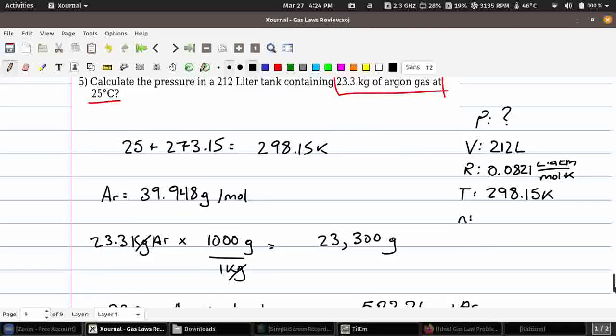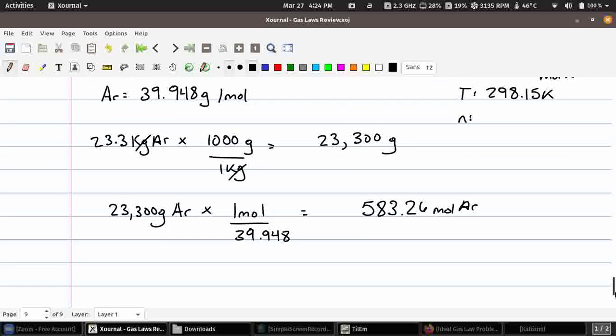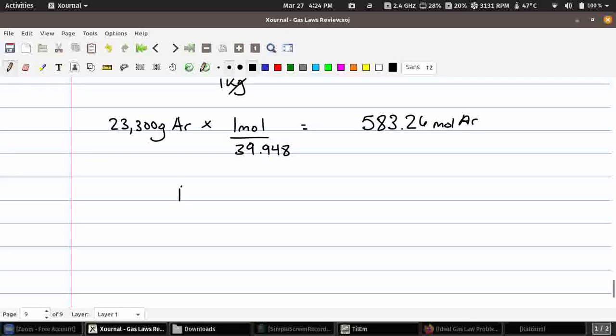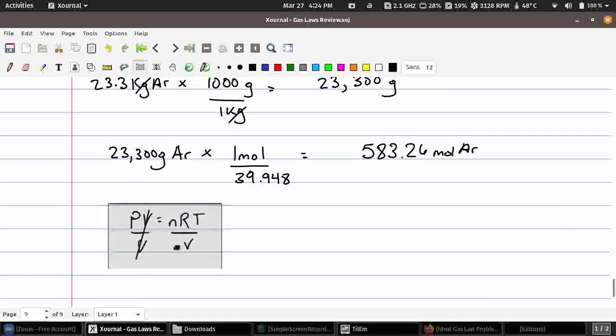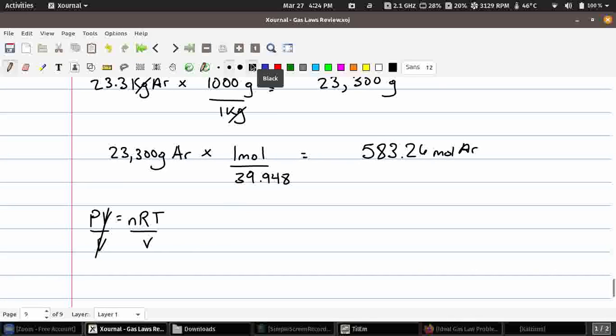So this one's going to yield us quite a large number with pressure. More than likely. I don't know off the top of my head because that is a large tank, but let's find out. So PV equals nRT. We're calculating for pressure. That means we're dividing the volume out. So let me move this over so I have room to write all this because these are big numbers.